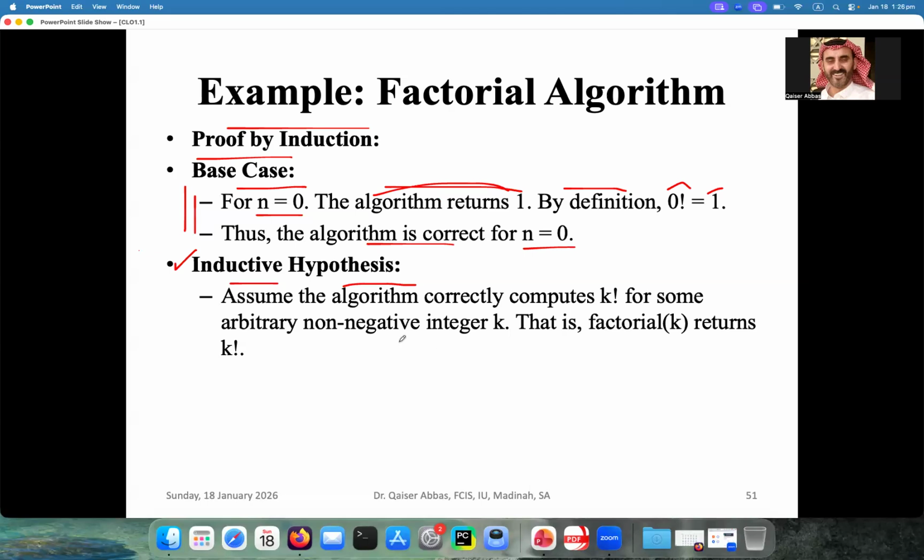This is what I'm going to write here. Assume the algorithm correctly computes k factorial for some arbitrary positive integer k. This is our assumption.